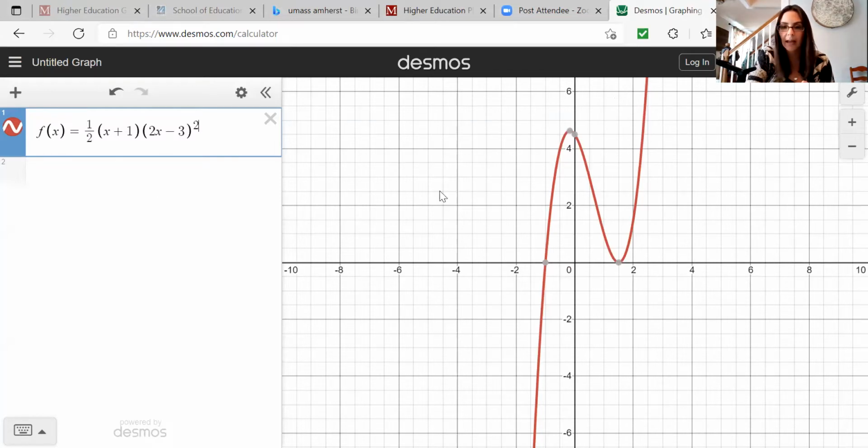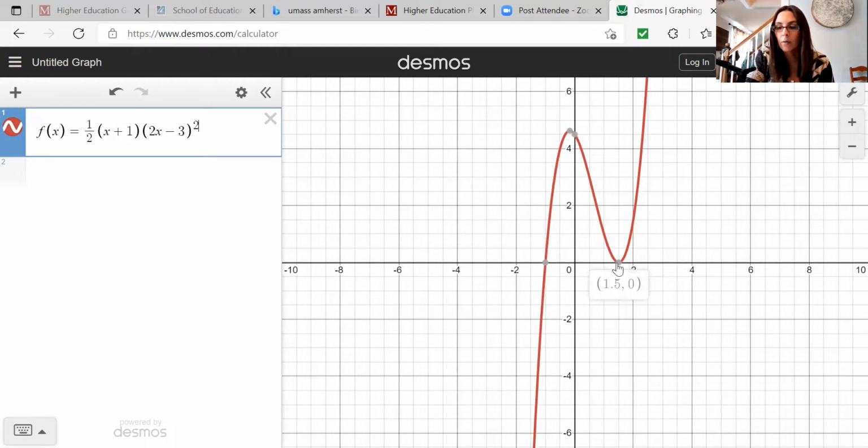We had 1 zero at -1, which is right here, and the other zero was at 3/2, which is 1.5. Because they're both real numbers, we're going to see them as x-intercepts. So zeros that are real are always going to be your x-intercepts. So I can see that on the graph. The other thing we noticed is that the zero of -1 here had multiplicity of 1. It was odd. When you have odd multiplicity, you're going to go right through that x-axis. So see how it goes right through the axis?